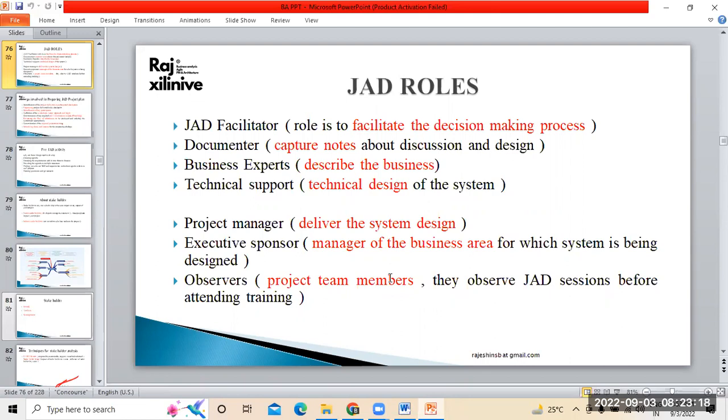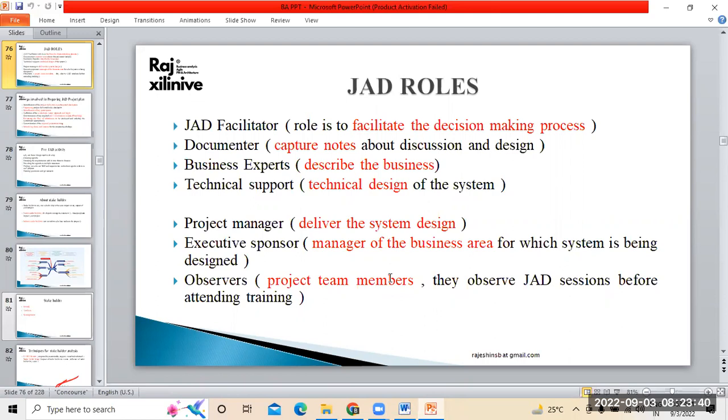Followed by this is the technical support team, because at the end of the day you are developing an application. For sure, technical support and technical requirements are needed. You would like to know about the technical designs of the system, maybe the architecture of the application.